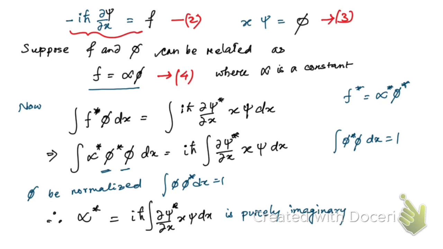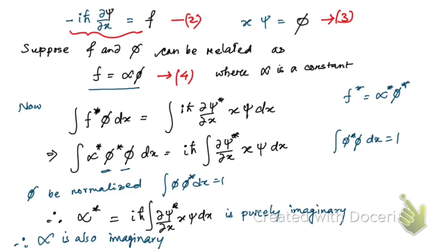Okay, therefore this is also imaginary, and hence if alpha star is imaginary, then alpha is also imaginary, right? Therefore alpha is also imaginary.